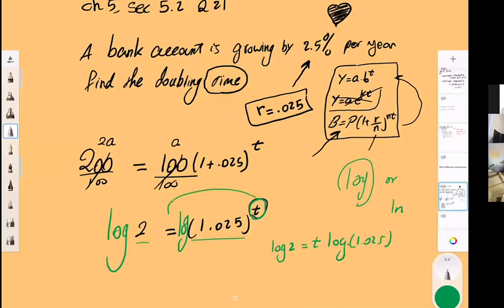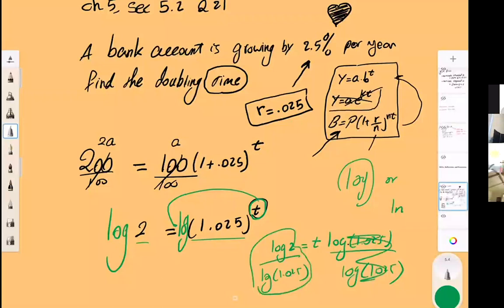Dividing by log of 1.025, t equals log of 2 divided by log of 1.025. It says round to the nearest integer. If you do this, you will get 28.071, so the nearest integer is 28.